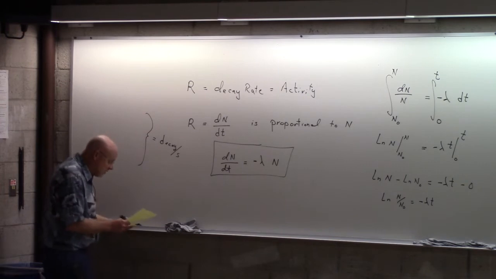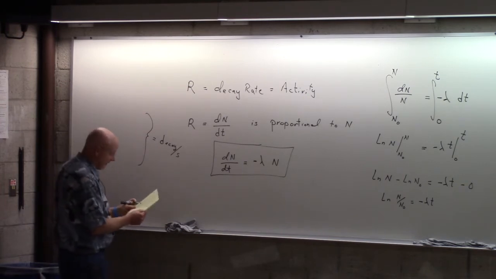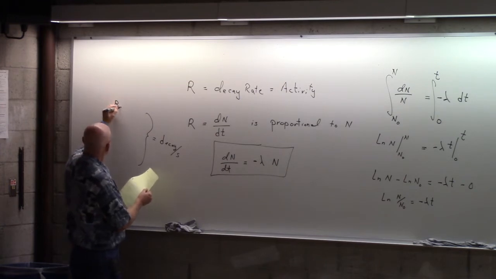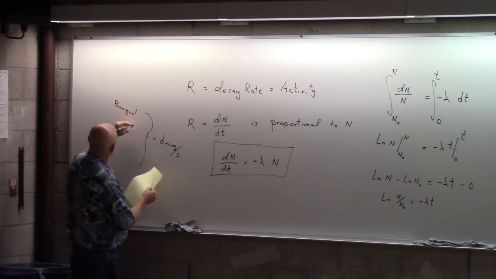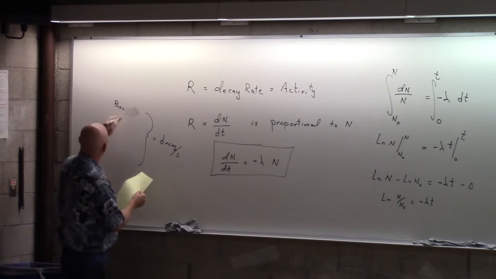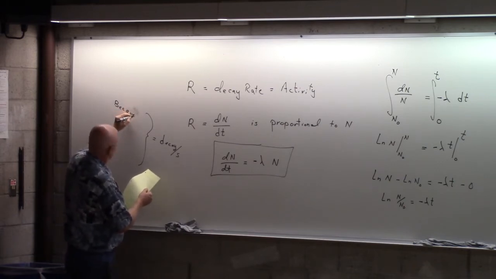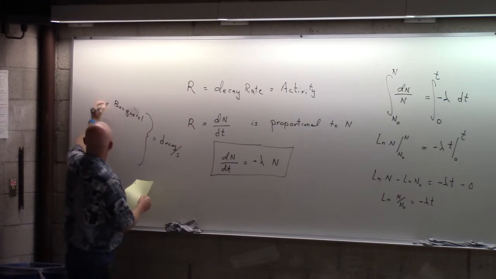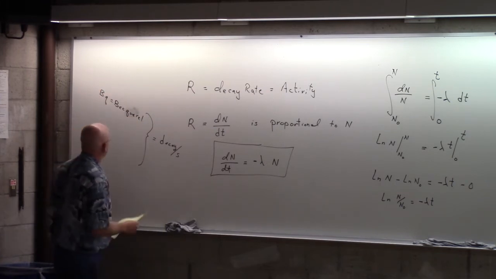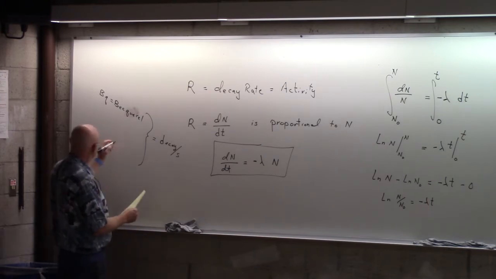If it's a small number of decays, we refer to it as in units of a becquerel, or Bq. I don't use this much, and we won't either.